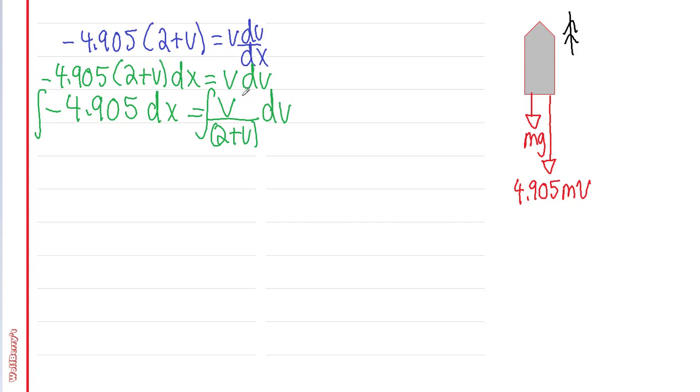It's called an improper fraction, and the reason is the top is the same power as the bottom. Or if the top is a higher power than the bottom, it's also an improper fraction. Either way, it's an improper fraction. Here the power is the same, so we need to change it to a proper fraction. The way to change an improper fraction to a proper fraction is to use long division. So we need to do long division.